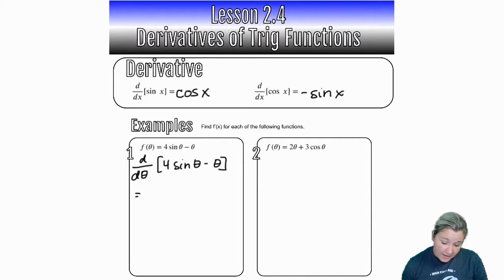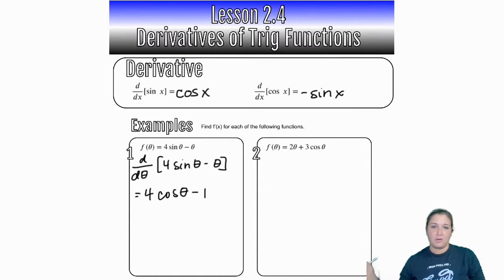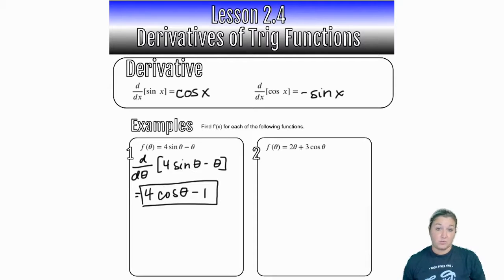The derivative of 4 sine theta is 4 cosine theta. And then the derivative of theta is just 1. Remember, that's like x: you take the exponent, bring it down in front, and you're left with 1. So the derivative is 4 cosine theta minus 1.